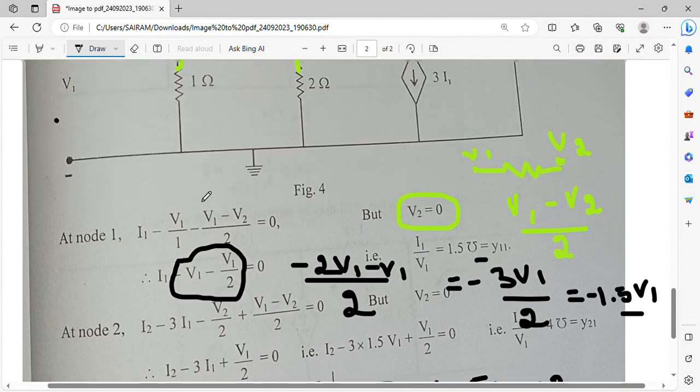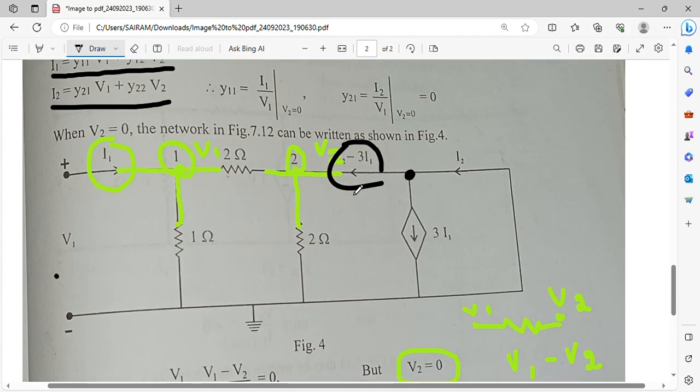So I2 minus 3I1, how did you get it? I told you there are two currents flowing here, and the combination of the two currents is I2 minus 3I1, and here it is minus V2 by 2 and plus V1 minus V2 by 2, which is equal to 0. You can also take it the other way, it is up to your wish.